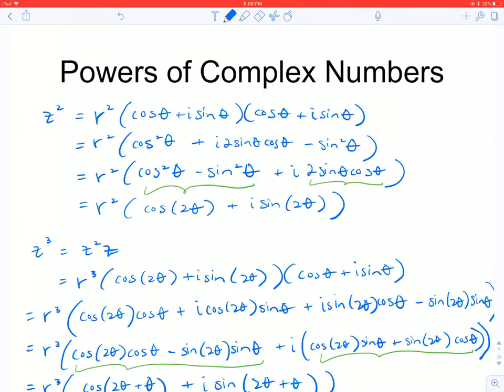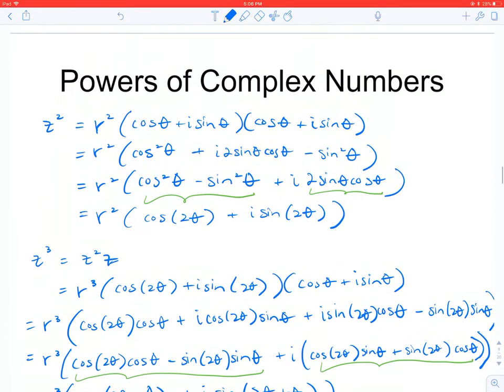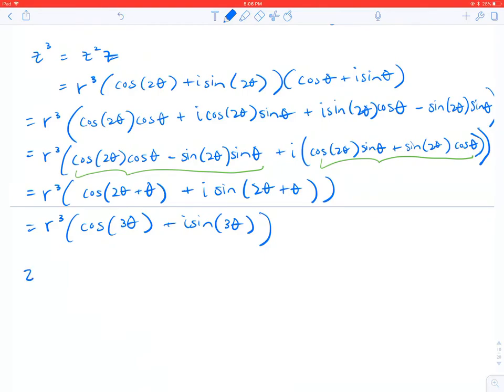When we simplify that, that's going to be r cubed times cosine 3 theta plus i sine 3 theta. So we could probably guess what z to the 4th would be. It would be r to the 4th times cosine 4 theta plus i sine 4 theta.